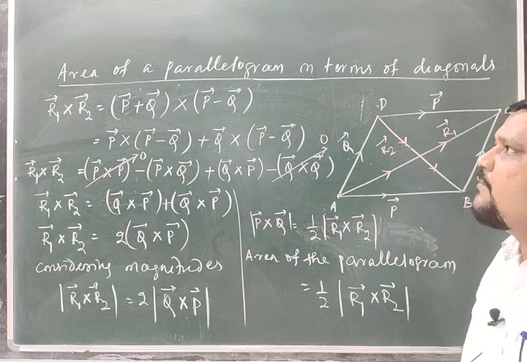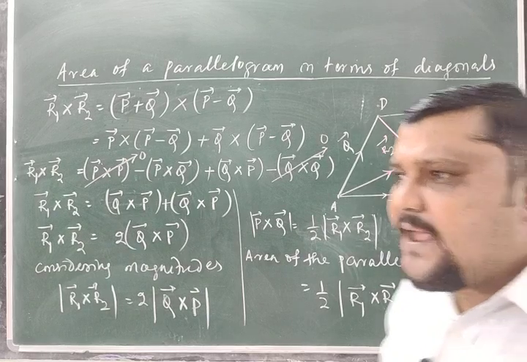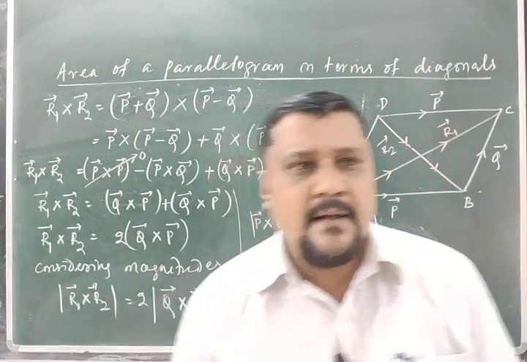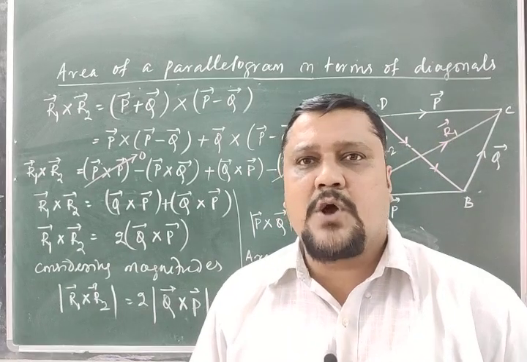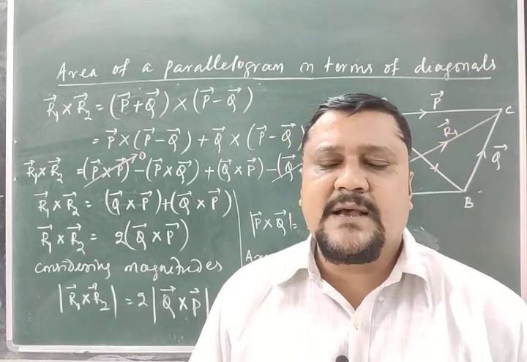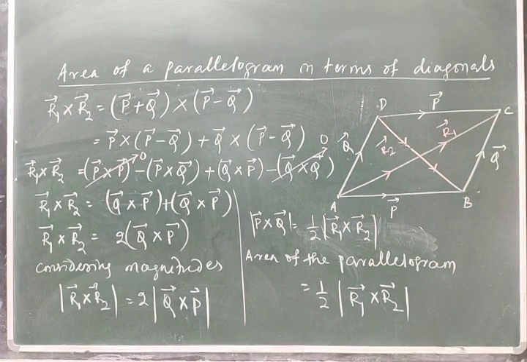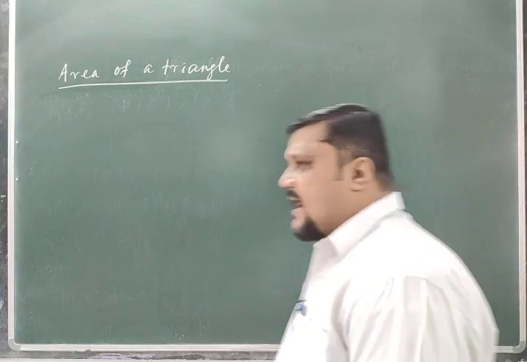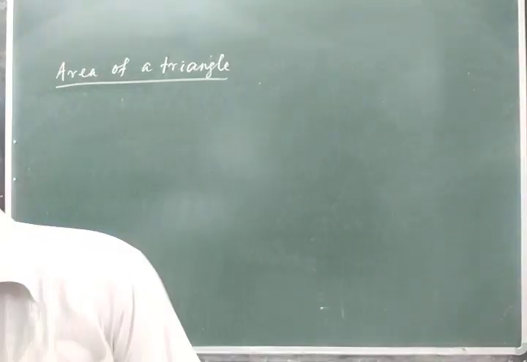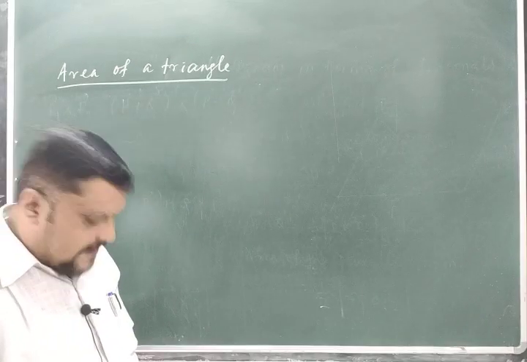Okay. Then we will go for the area of a triangle. You already know that it should be half of the magnitude of the cross product of the two vectors representing two sides of the triangle. Now let's go for the area of a triangle by using the cross product.